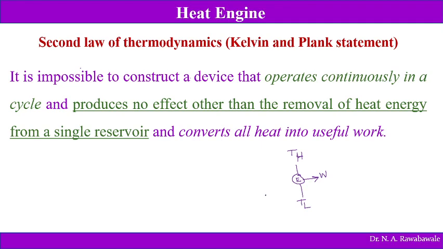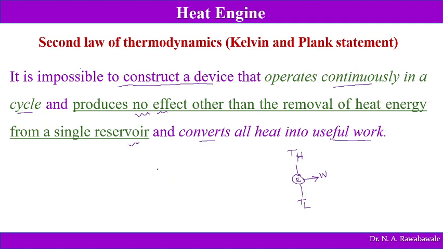What does this Kelvin-Planck statement say? It is impossible to construct a device that operates continuously in a cycle and which produces no effect other than the removal of heat energy from a single reservoir and converts all that heat energy into useful work.